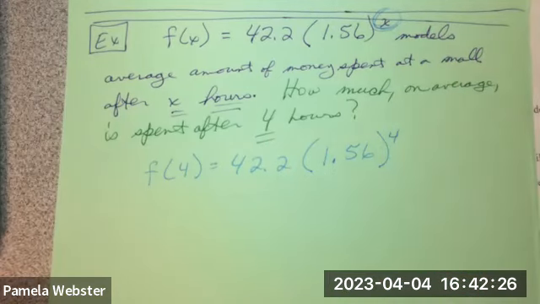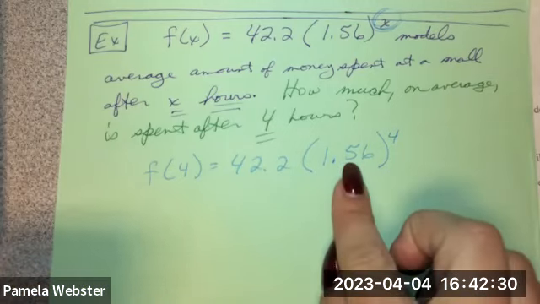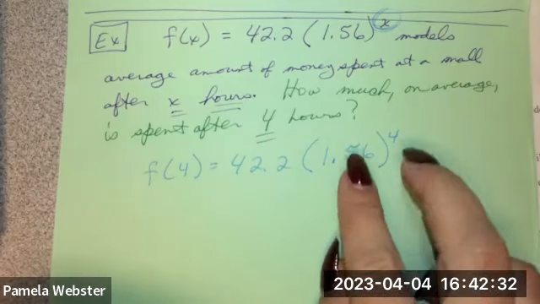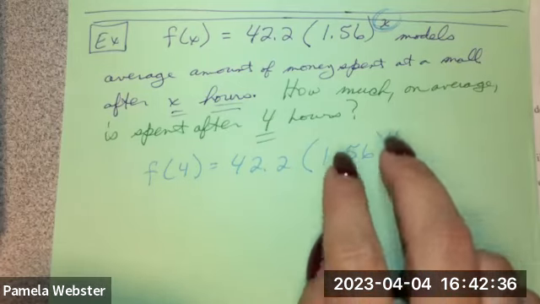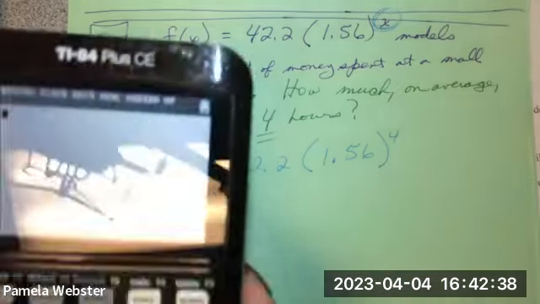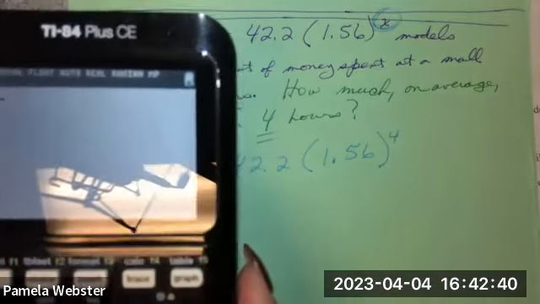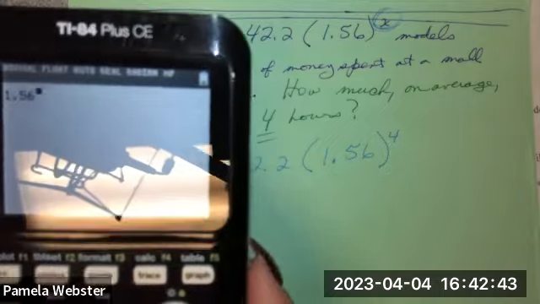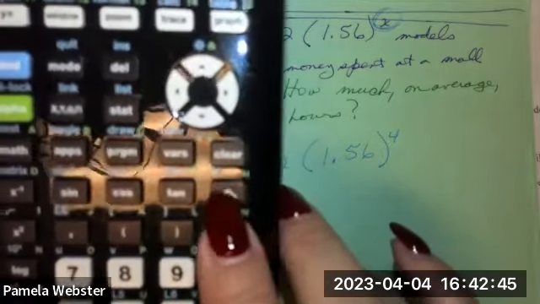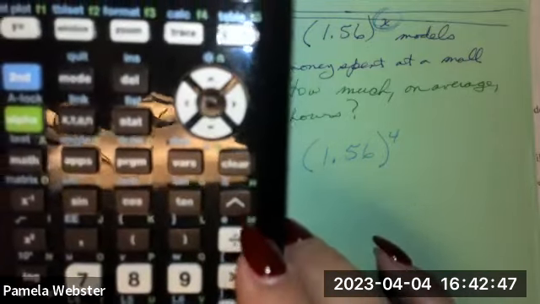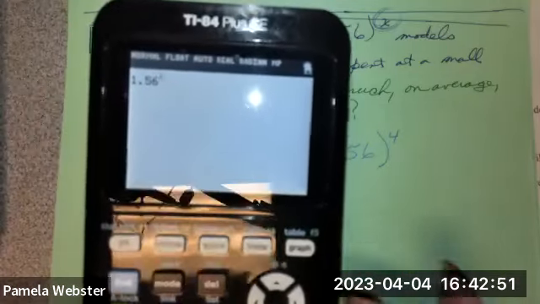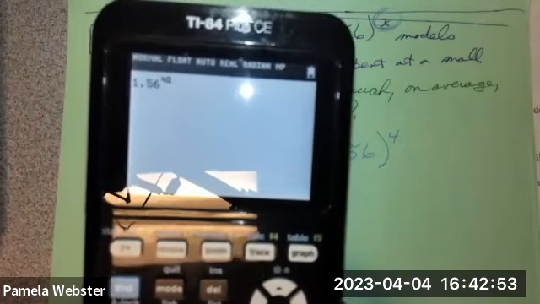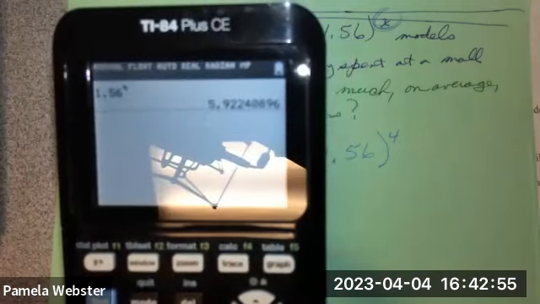Okay. And then that just basically becomes calculator work where you have to know your PEMDAS. Please excuse my dear Aunt Sally. We're going to do the parentheses and exponent first, and then after we do that, we'll end up multiplying, right? So here I go, 1.56. I'm going to raise that. Remember, you've got this little exponent button that's right above your division bar. That's the raise to button. It gives you an exponent. So 1.56 raised to the 4th is this big long decimal.